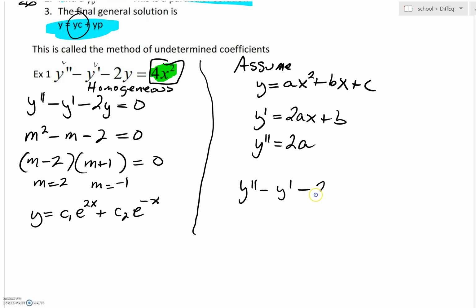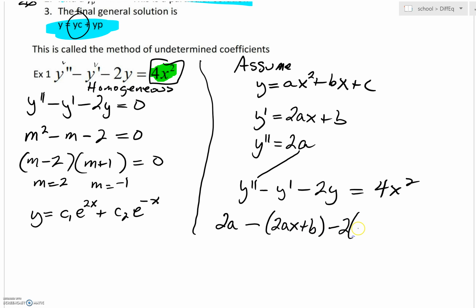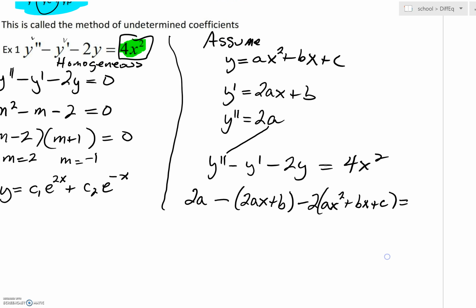And then we're going to come back to the original problem. We're going to come back right here, and we're going to say, you know what? Plug those in. Plug that in here. You'll get 2a. Minus, right here I'll have 2ax plus b. Minus 2 times my original y. Well, the y here is ugly. Ax squared plus bx plus c equals, and then I'm saying the right-hand side should look like 4x squared.